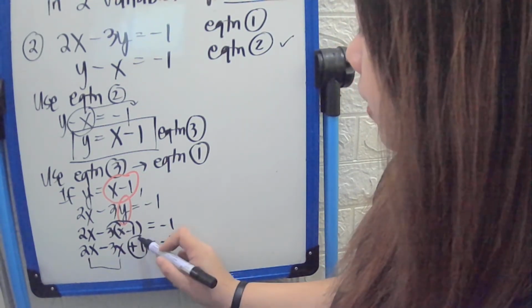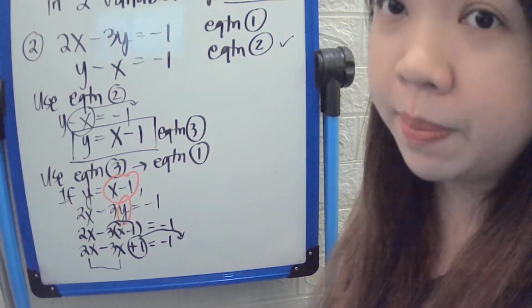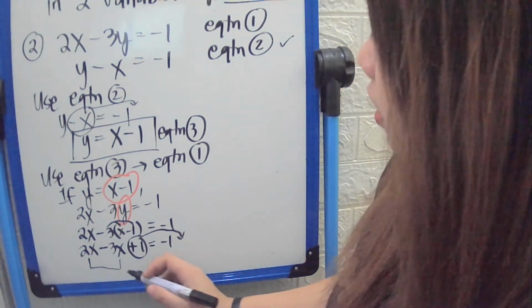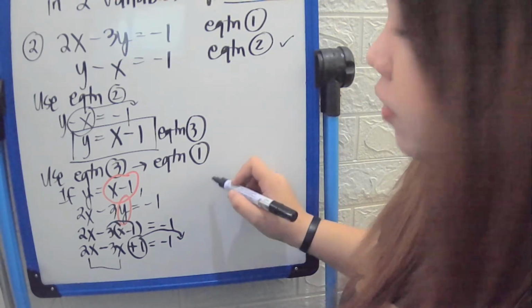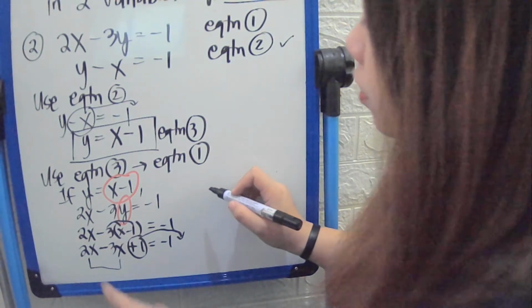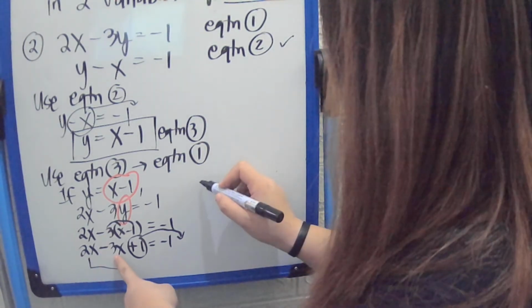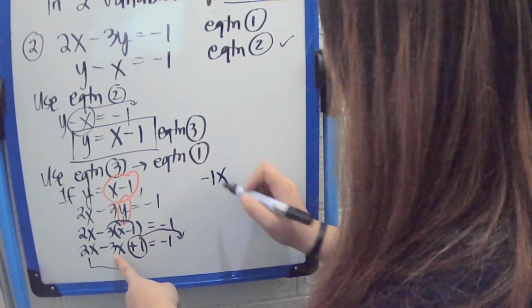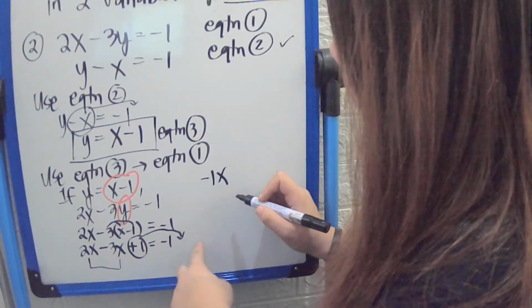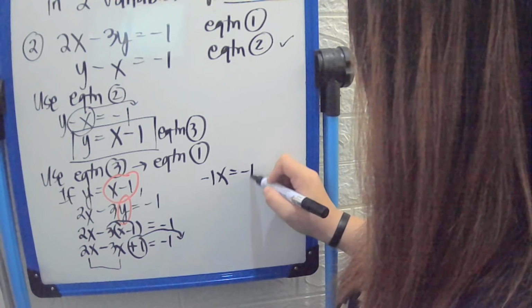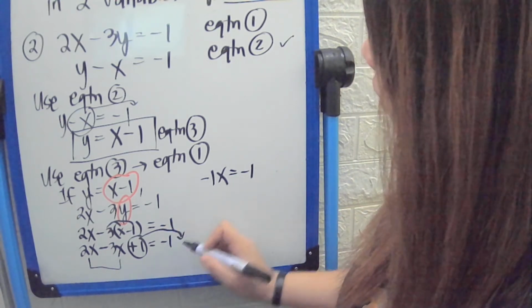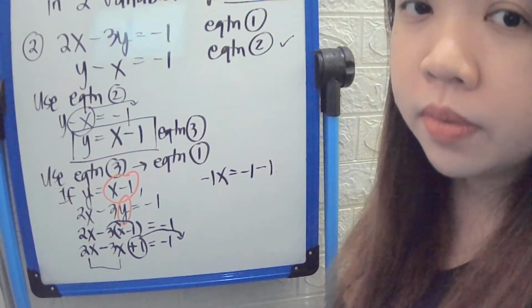Tapos ito, ililipat natin sa kabila, kasi pareha silang constants. Okay, so dito ko na susulat sa part na to ha. So, 2 minus 3, that is negative 1, x. Tapos ito, ililipat mo sa kabila. Tapos may magiging negative 1, ito siya. Tapos pag nilipat to, negative 1.